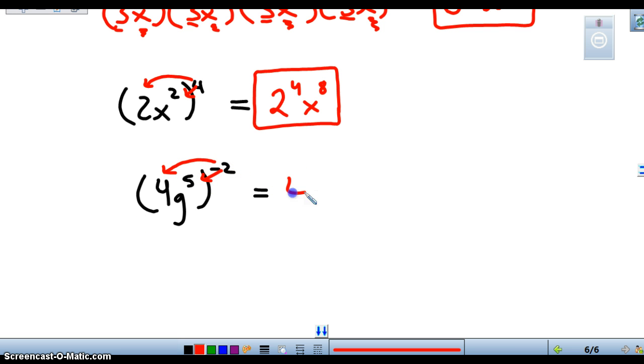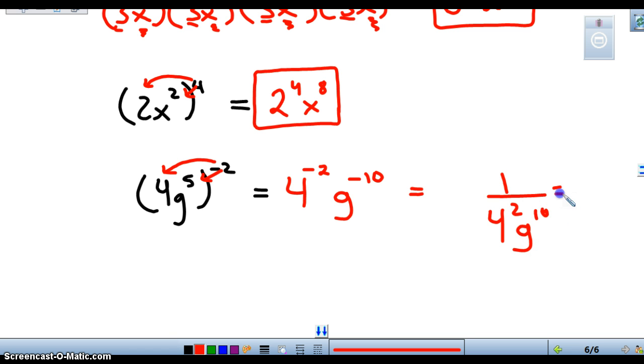So this would be 4 to the negative 2 power, g to the 10th. Is this simplified? 1 over 4 squared g to the 10th power. Can we further simplify this? What's 4 squared? 4 squared is 16.